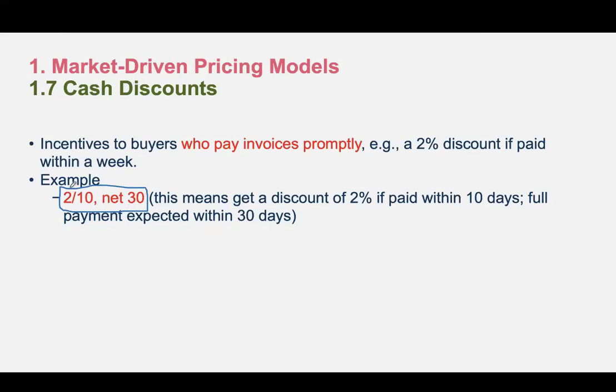But the idea is that a supplier stipulates that if you make a payment earlier, for example, within 10 days, then you will be offered a discount of 2%. And the normal time of payment is 30 days. So in this case, a supplier makes sure they are getting access to cash early, and a buyer gets a benefit by getting some discount.